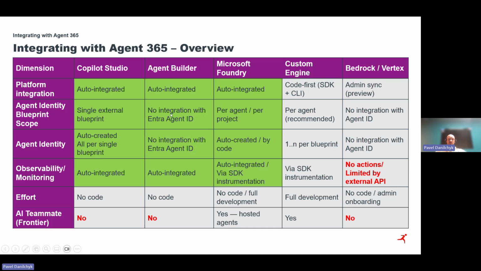For Agent Builder, we don't have any integration with Agent ID. We will not have any information about it. This is a lightweight agent, and we will have this agent only in the list of agents, but without relations to blueprint identities. If you speak about Foundry, it is the same.